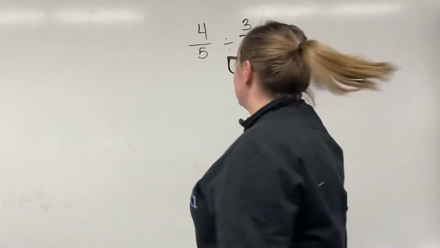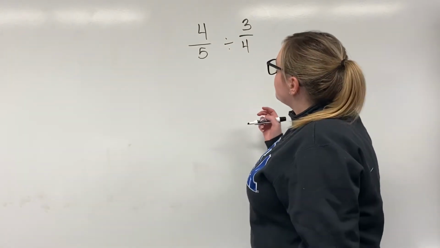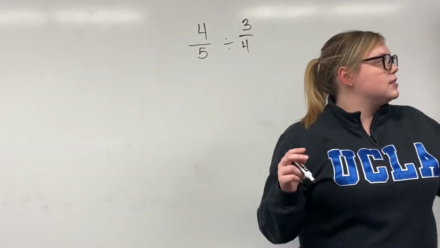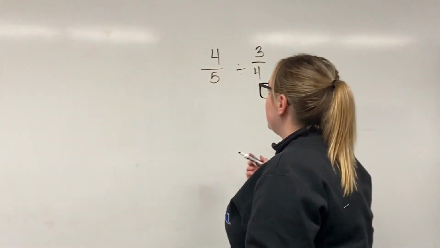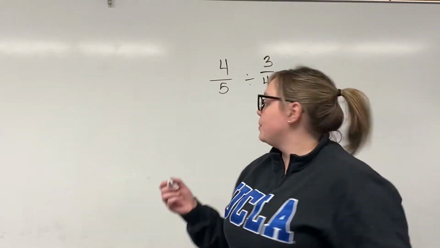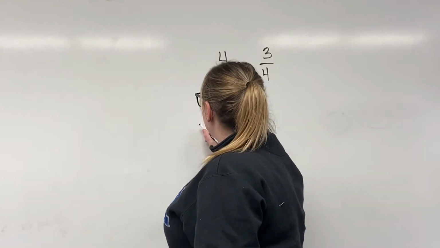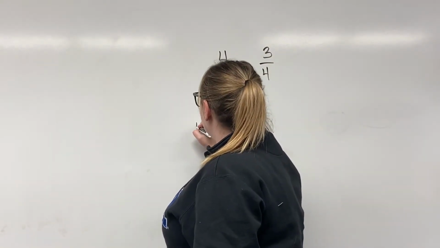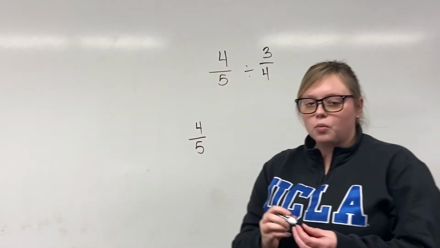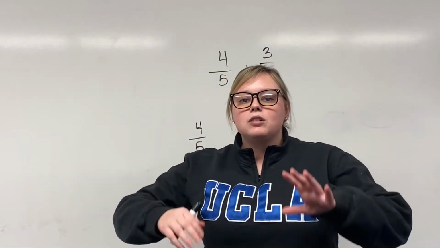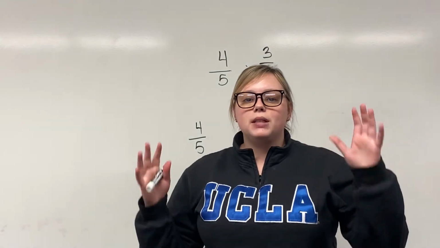Well, let's see. Okay, so what we're going to do is right away, we know our first step is to find the reciprocal, and I'm going to do that in blue. But first, I have to write my dividend first. Now, remember, when we're finding the reciprocal, we're eliminating the need to find the common denominator.